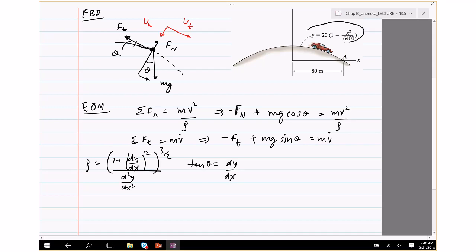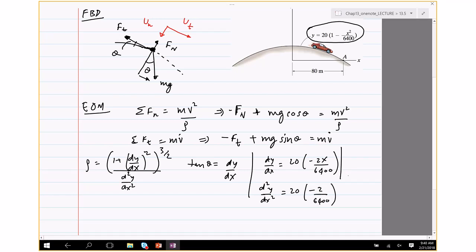This is the equation for y. So dy dx equals 20 times minus 2x divided by 6,400, and d square y by dx square equals 20 times minus 2 divided by 6,400.